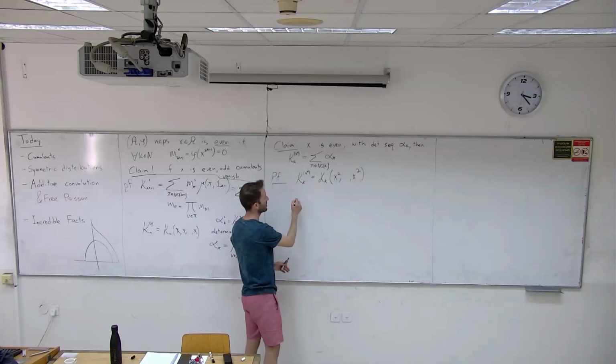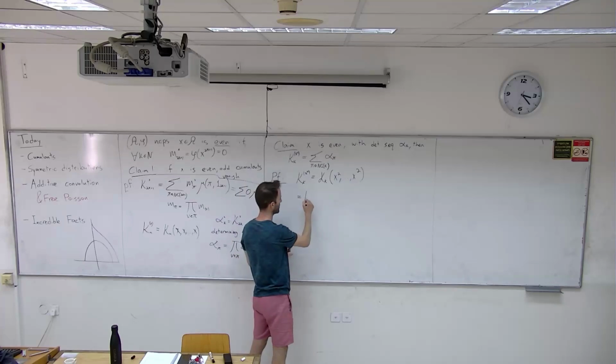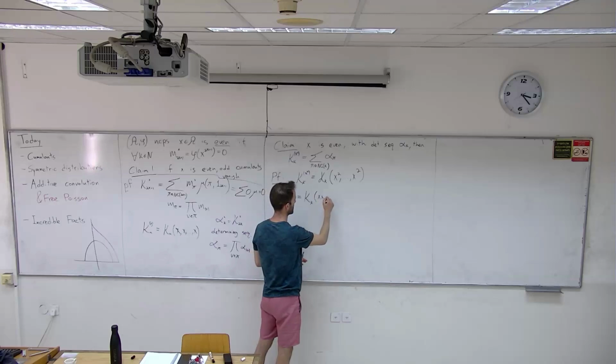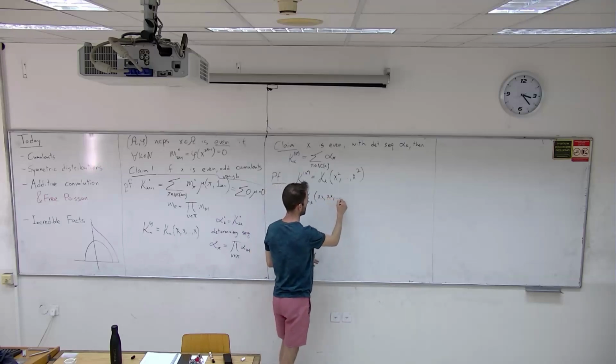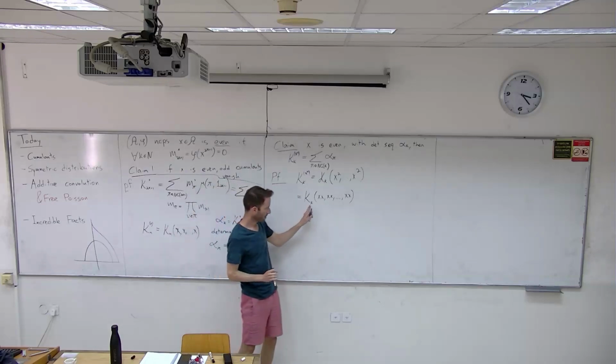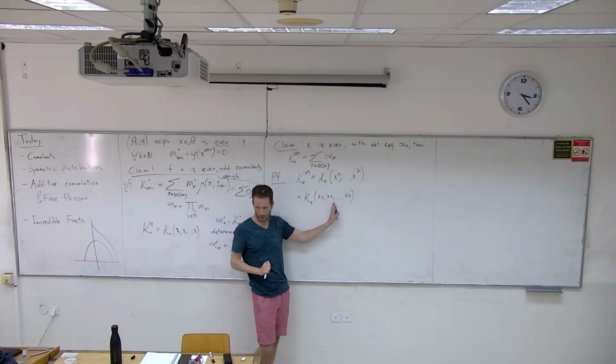And this also equals kappa k of x, x, x, and this is what x squared means. And now this maybe already hints at what we're aiming to do here.